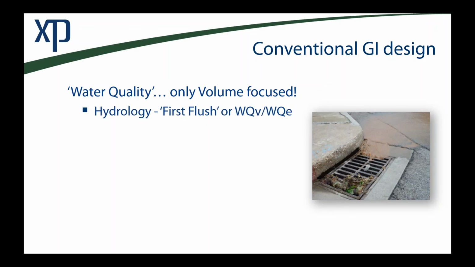Traditionally we're going to start with looking at the rainfall or hydrology on our site. We're going to have that first flush, we might call it, or the water quality event, looking at, depending on your area, around 1 inch, maybe a little bit more, maybe a little bit less. That first inch of runoff volume, we're assuming, is going to carry with it the vast majority of pollutants. Think of it: it hasn't rained all summer long, let's say for 4 months, maybe more.